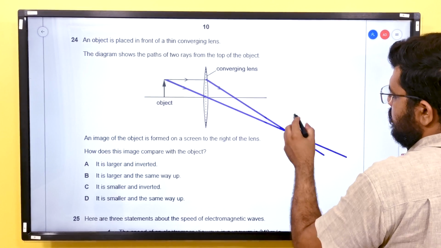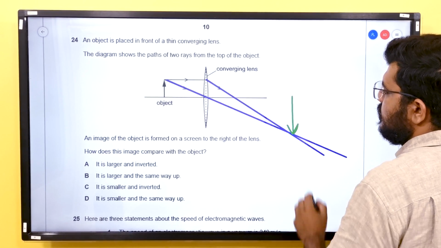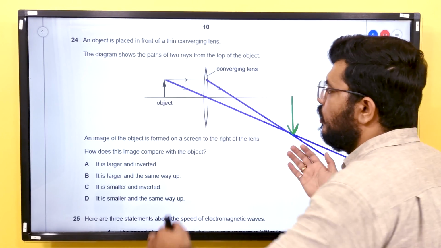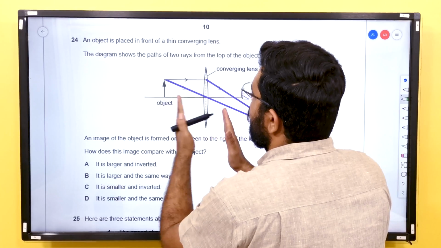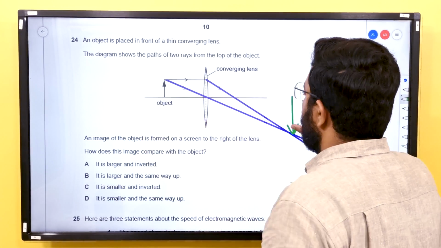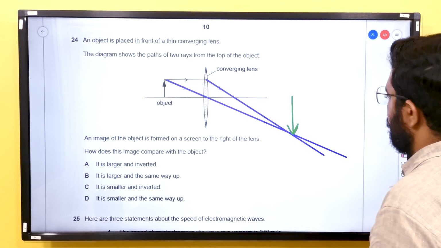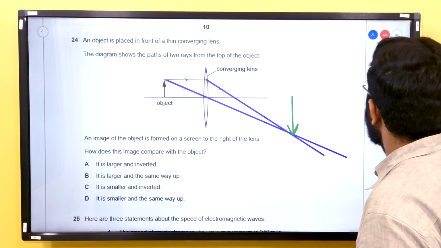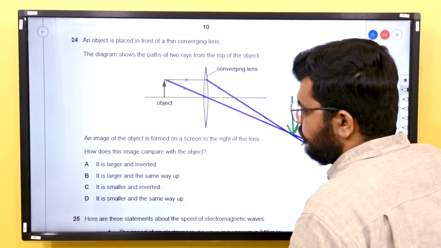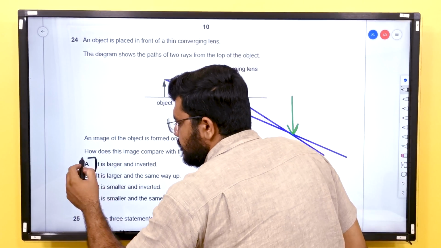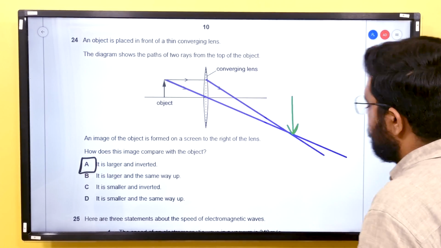So your image forms somewhere here. It is clearly further away from the lens compared to the object. So it is going to be larger, and it is inverted. It's obtained on a screen, so it is real. Let's see. Option A, it is larger and inverted. Yes, this is your correct answer.